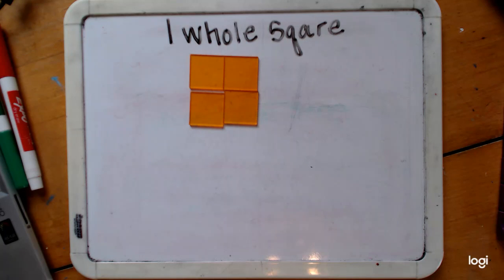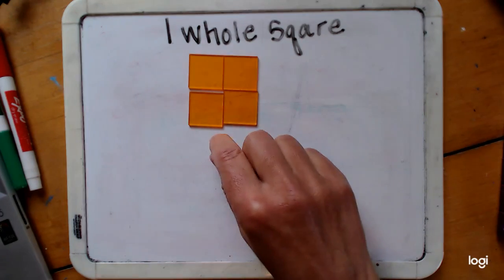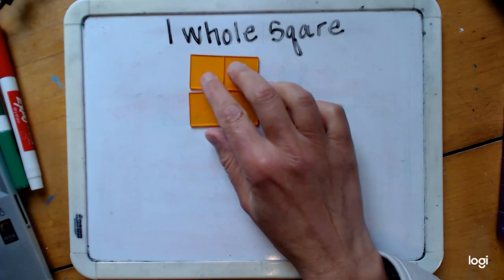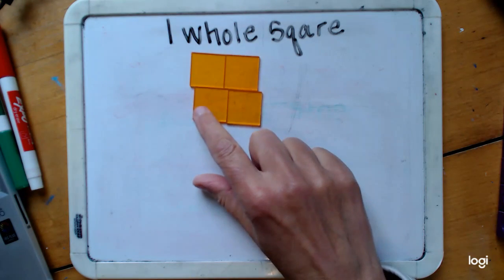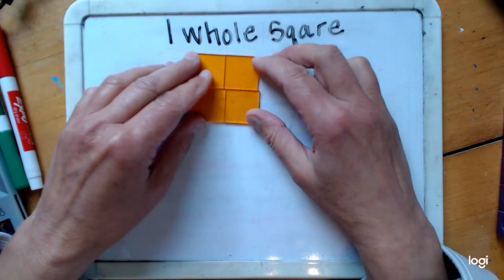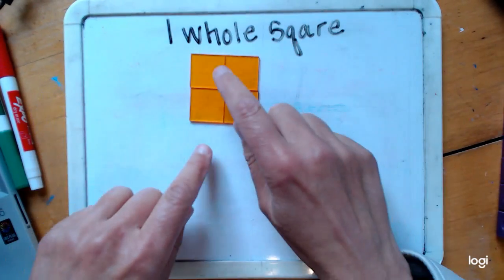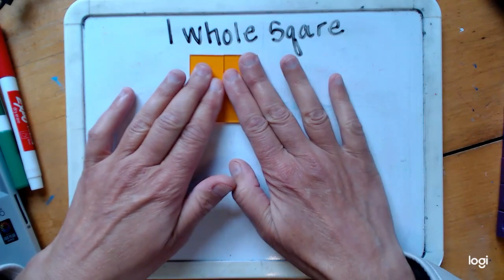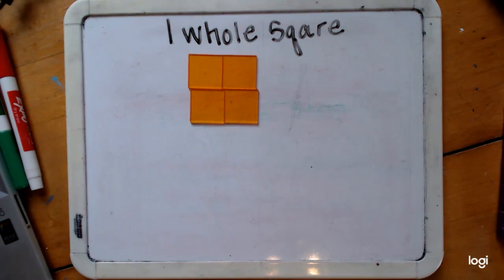Okay, so let's take a look at how we can use a square to show fractions. So you can agree that this is one whole square. So what can we do?